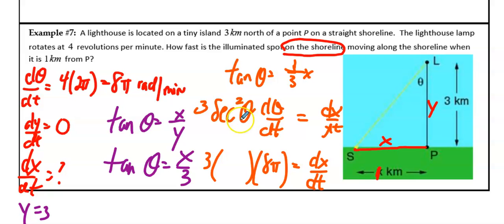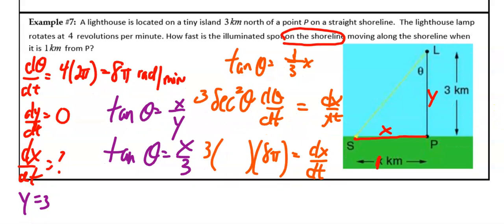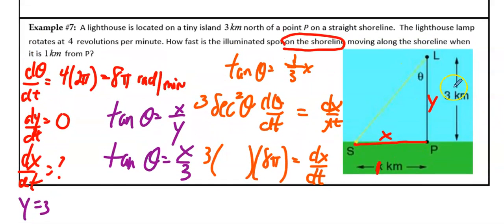So all I have to do now is worry about what secant squared is, right? Well, I know that secant is the reciprocal of cosine. So let's find out what cosine of theta is and just flip it. Cosine is going to be the adjacent side, which is 3, all over the hypotenuse, right? In this case, we have to find what the hypotenuse is, and that's why they gave us this next side.